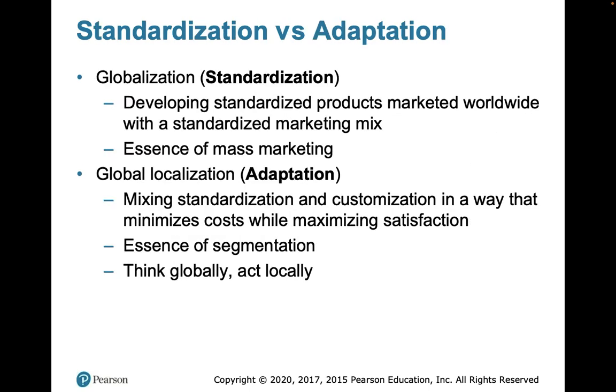Then this brought about standardization. Okay, when we talk about globalization, we cannot do without standardization. Standardization is trying to develop standard products that can be marketed worldwide. First of all, before you can even go global, your products must be standardized.